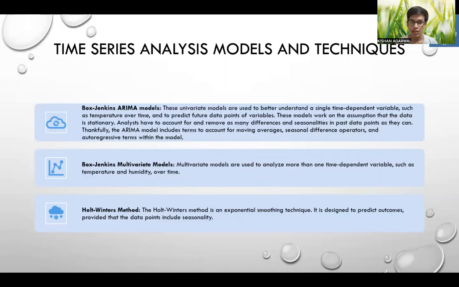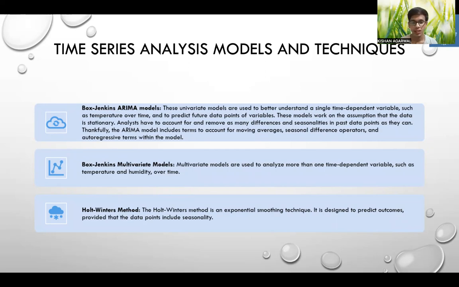That is, analysts have to account for and remove as many differences and seasonalities in past data as they can. Thankfully, the ARIMA model includes terms to account for moving averages, seasonal difference operators, and autoregressive terms within the model.